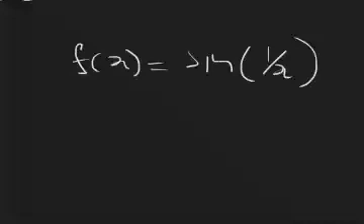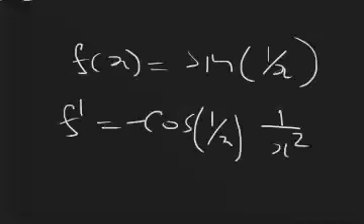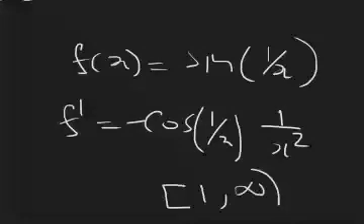The derivative of f is equal to cos of 1 over x times negative 1 over x squared. In this range, this one is a positive function.